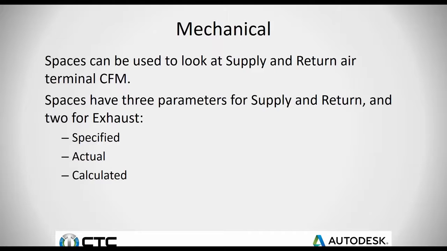It'll also give us the actual reading off of the air terminals that we place within the space. And we can have that calculated either by running the load calculations within Revit itself or exporting them out to Trace and back.